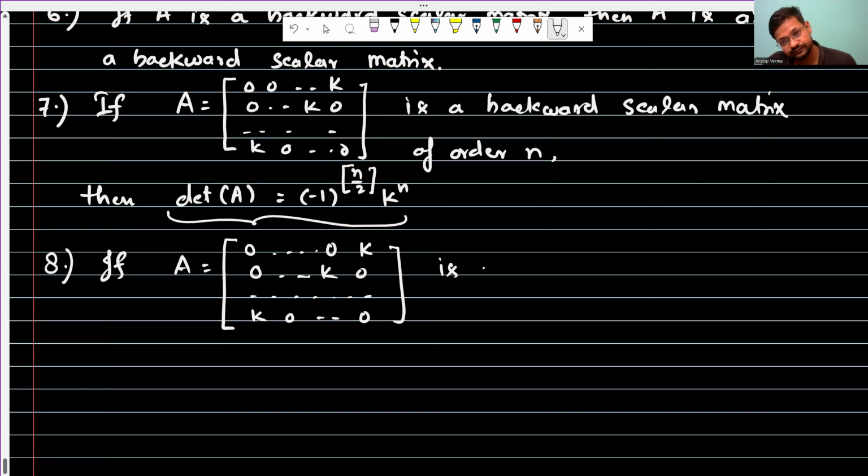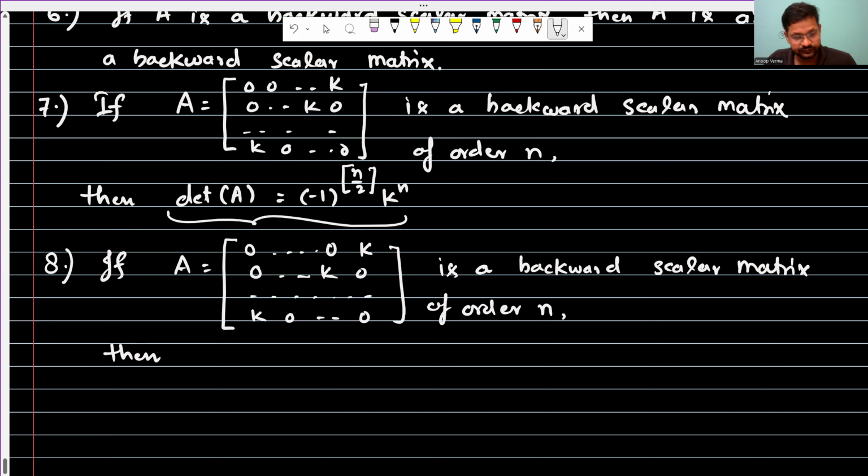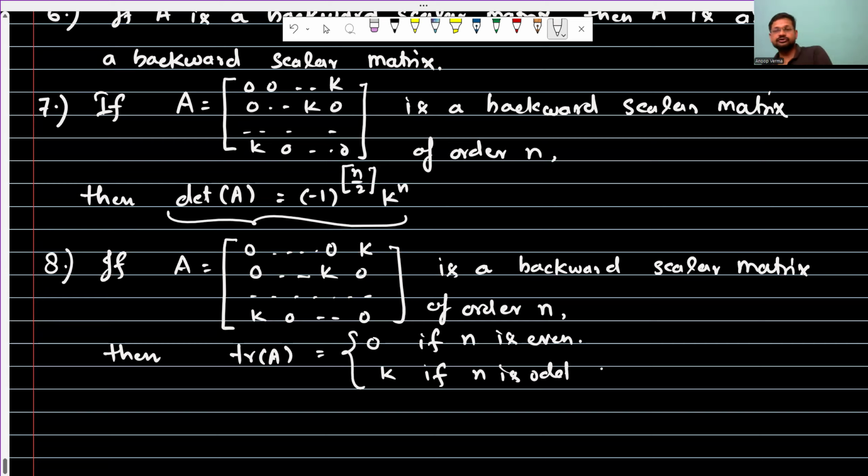If A is a backward scalar matrix of order n, then the trace of A is just equal to 0 if n is even, and k if n is odd. Clear? So that is your backward scalar matrix of order n.